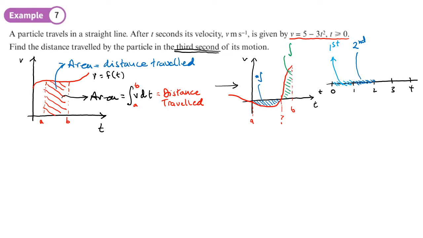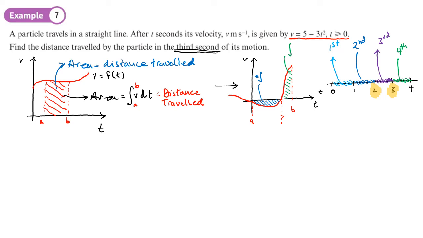The third second of motion is here between 2 and 3, and if we were carrying on, the fourth second of motion would be here. So this tells us that our limits in our integration are going to be 2 and 3. The third second of motion is between the second and the third second.